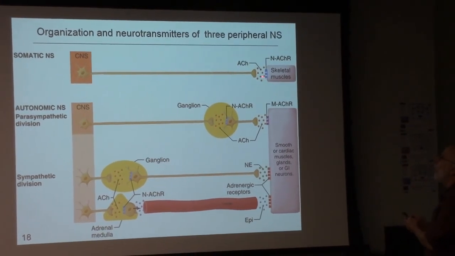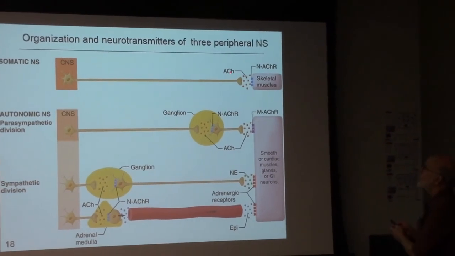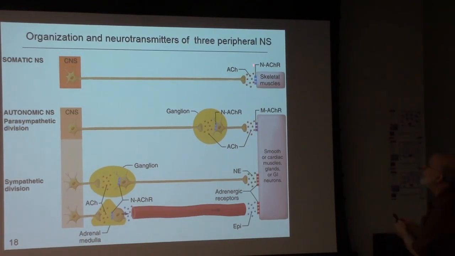The axons go all the way to the muscles. The neurotransmitter is acetylcholine. And the receptors on the muscles are the nicotinic receptors. You know this already from cell phys. Okay, so that was a review of cell phys.